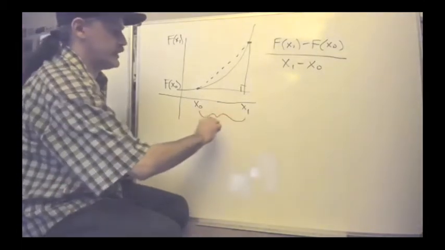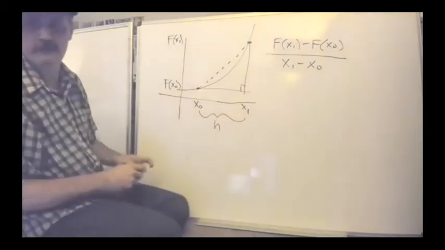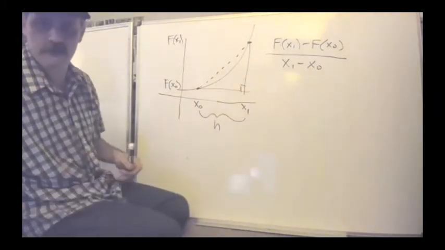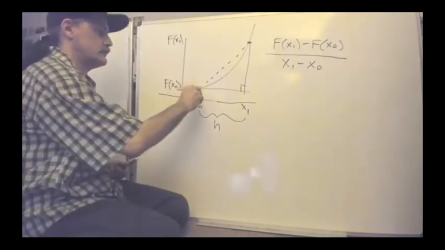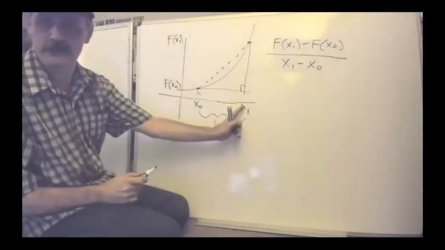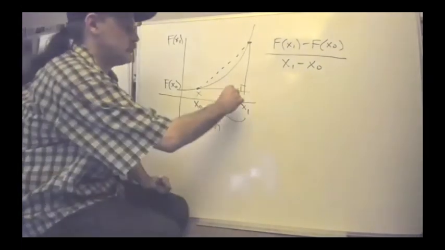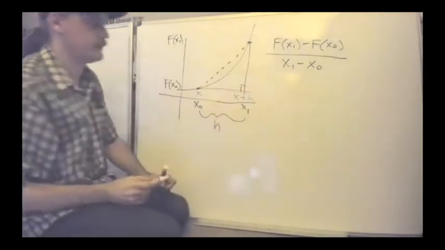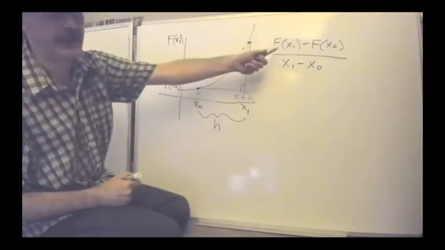I'm going to call this h, this width. Okay, and then I'm going to call where we start x. And the next point I'll say, well, from this x, we're going to add h. So I'm going to change this.